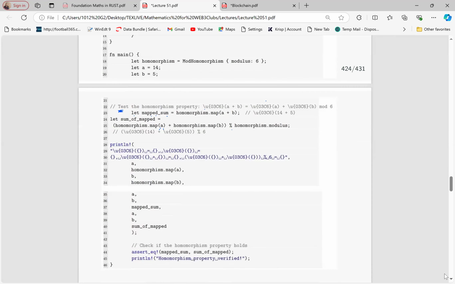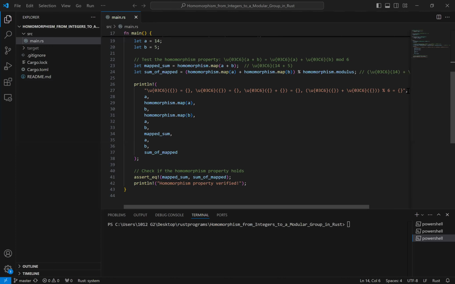Okay, so let me just share the code first of all. You can see it, huh? Can you see my code?